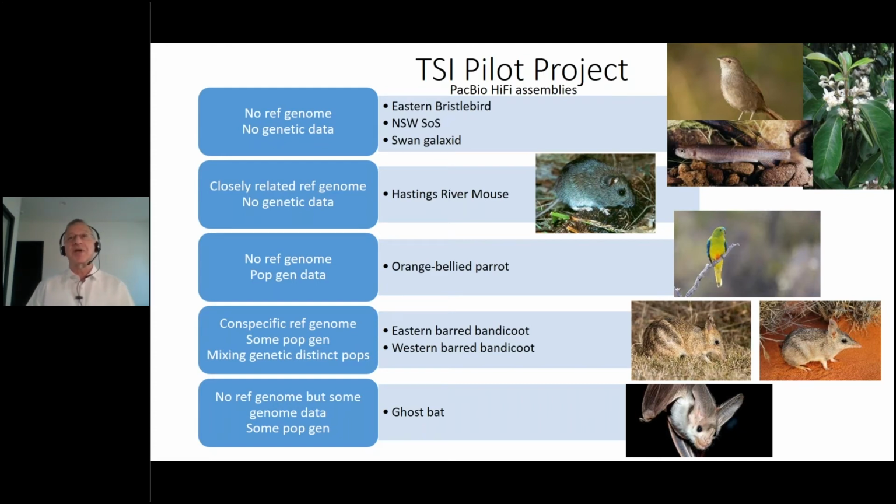There's going to be much more in the future, but the pilot project involves the sequencing of 7 species, 4 of them mammals, 2 birds, and 1 plant species. All these species have been sequenced using PacBio HiFi for generating long reads, and all of them will meet the EBP minimum contig size standard of 1 million base pairs.